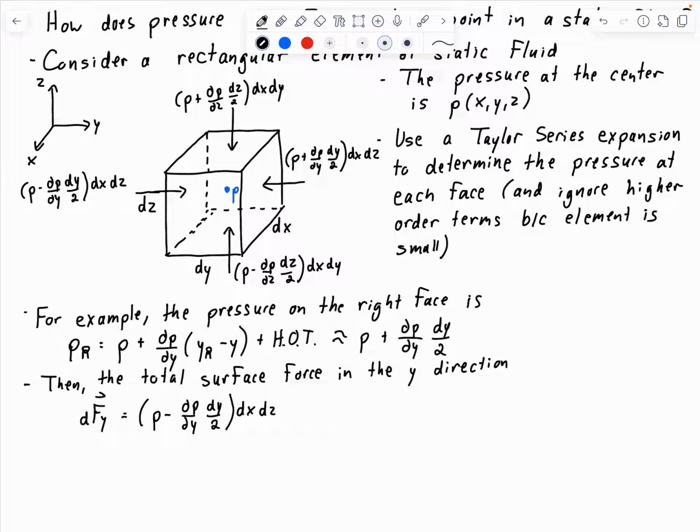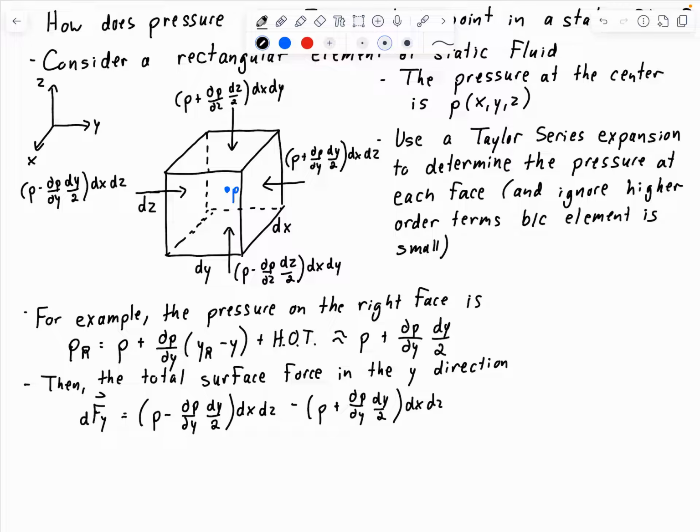So that's the upward pointing force on the bottom of the cube. And now we have the top force, which is pointed downward, so we have a minus sign here. So minus P plus del P by del Y times dy over 2 multiplied by dx times dz.